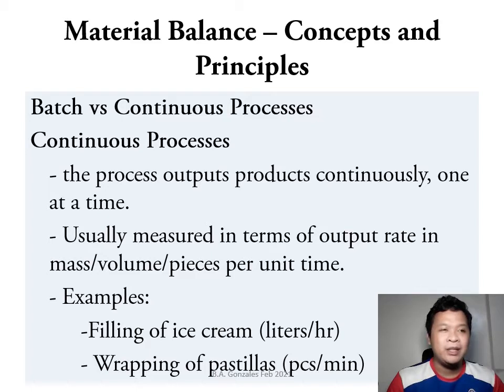How many pieces you can make per minute of those chopped breads are a determinant ng overall process time mo. Okay? So generally, when you have a long production process, there's usually a combination of batch and continuous processes linked together. And it's a matter of logistically weighing yung rates nila, i-match mo yung size ng isang process to the other para smooth yung operation, kumbaga wala kang bottlenecks in your operation.